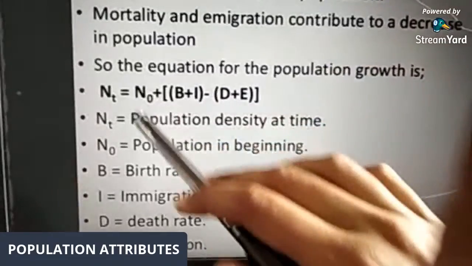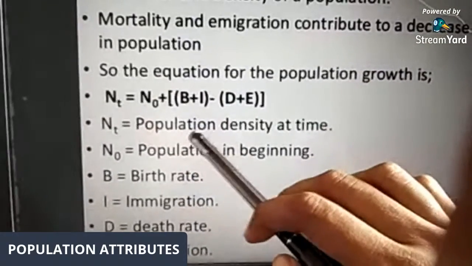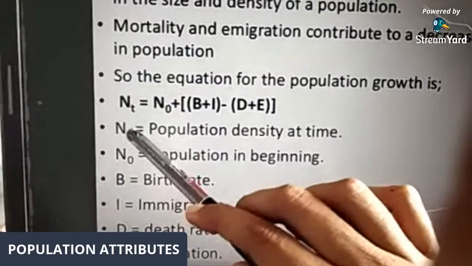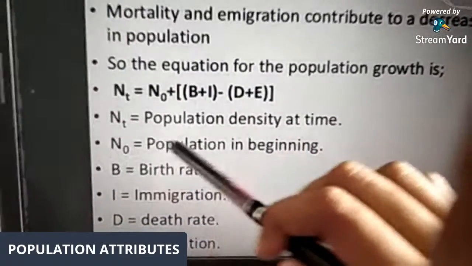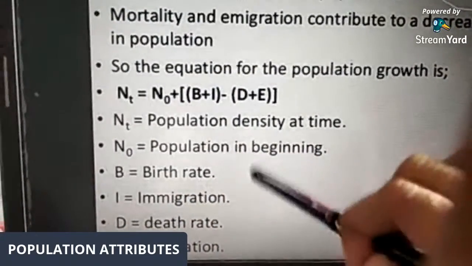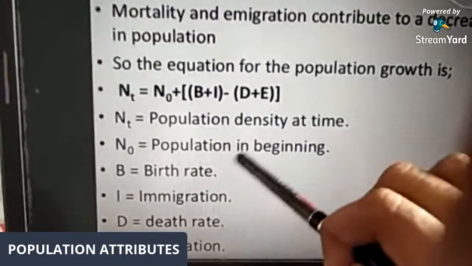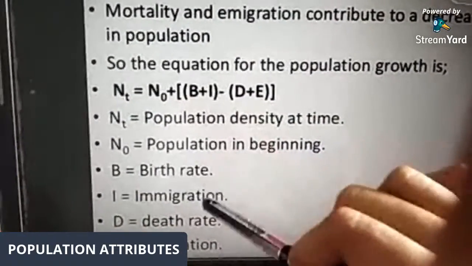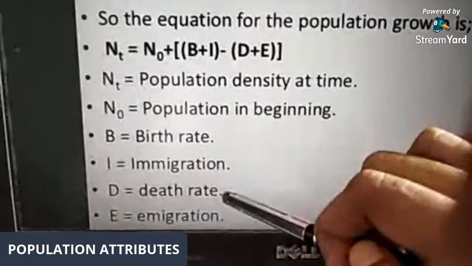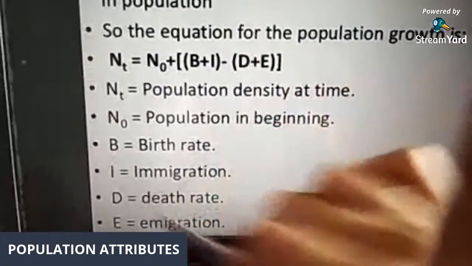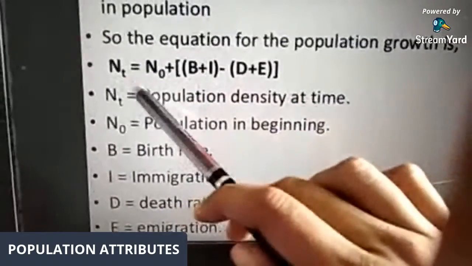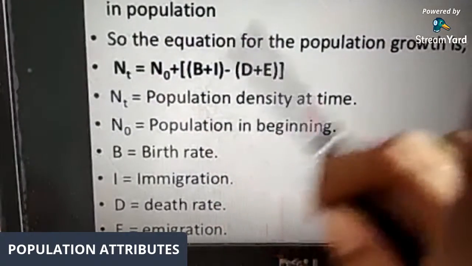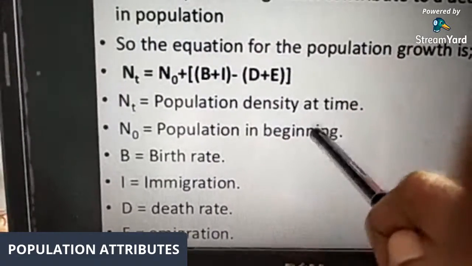Nt states the population density at time t, N for the density and t for the time. N0 is the population in the beginning. B equals birth rate, I equals immigration, D equals death rate, and E equals emigration. So how can you measure the population density per time?